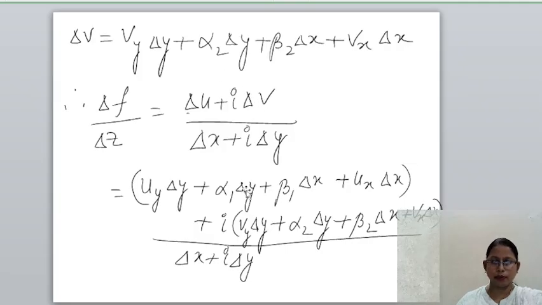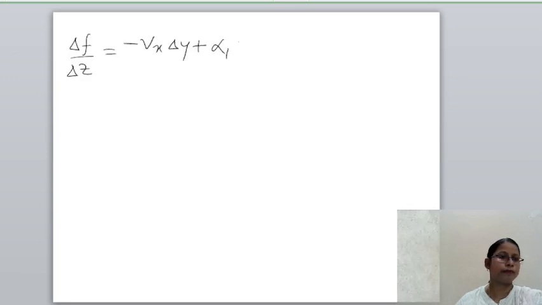plus alpha 1 delta y. This is alpha 1 delta y. Here there is i alpha 2 delta y. So I am writing together, take delta y common, then it is alpha 1 plus i alpha 2 delta y.